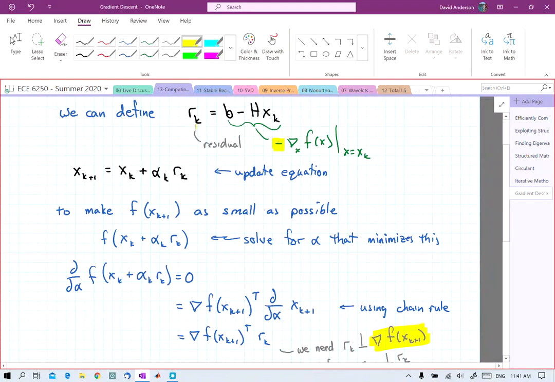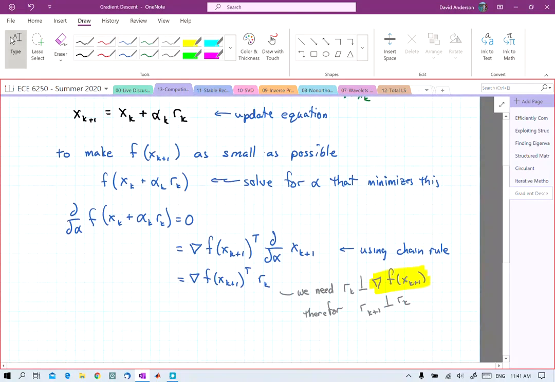Well, that's equal to the negative of, excuse me, rk plus 1. Well, since it's equal to 0, if something is perpendicular, the negative is also perpendicular. So we drop that and we just say that rk plus 1 has to be perpendicular to rk.